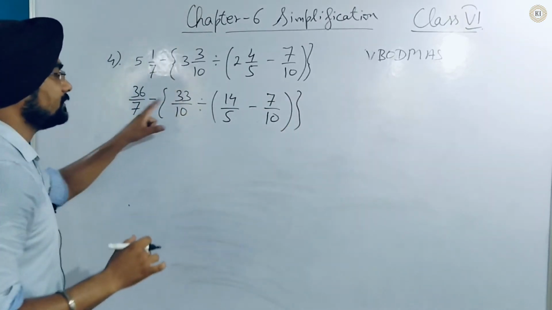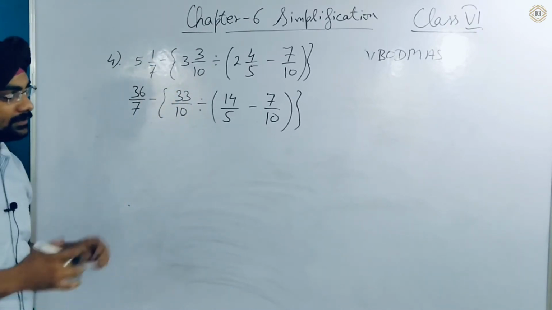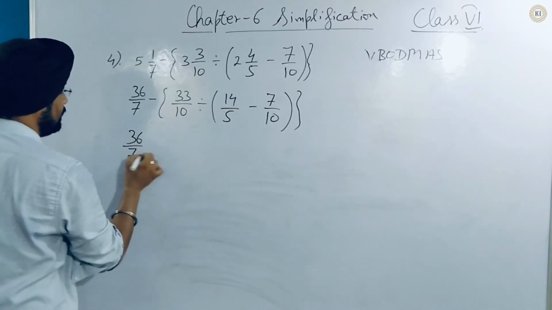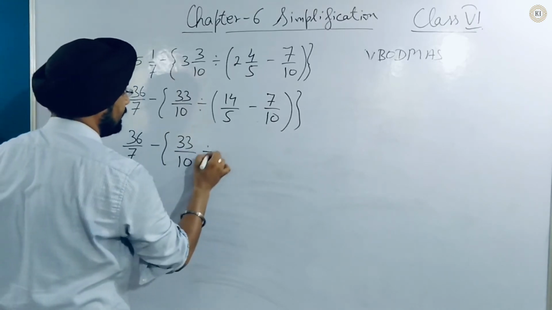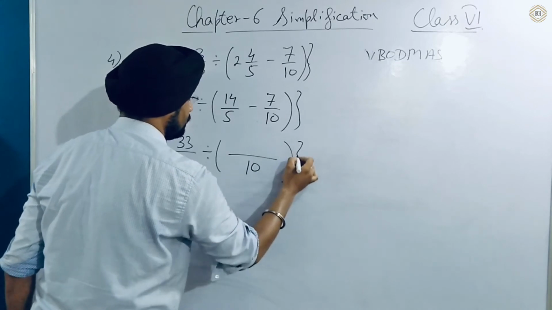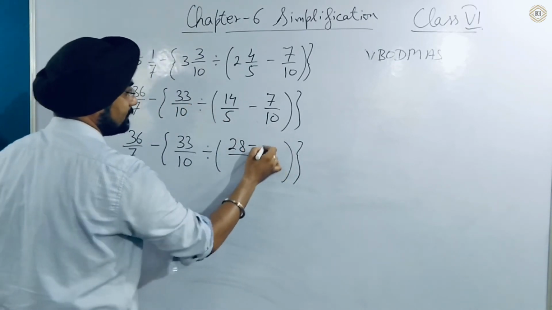In the first step I have changed all the mixed fractions into improper fractions. In the second step I am going to solve this bracket. So 36 upon 7 minus 33 upon 10, divide, take out the LCM. LCM will be 10. So 5 2s are 10, 14 2s are 28, minus 7.